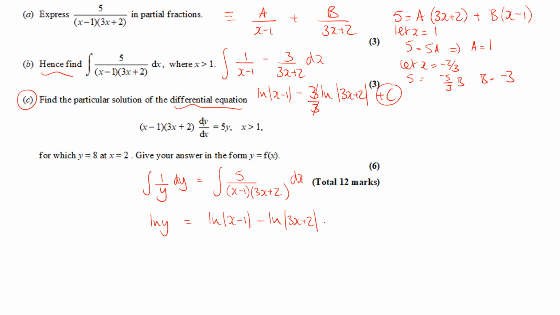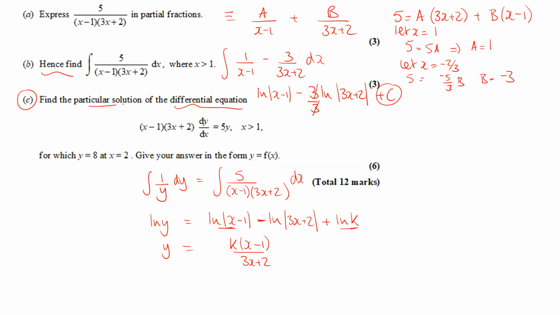I'm going to write that constant as the ln of k, because then I've got everything as logs, and I can say the ln of y, because all these terms are now logs, we can just do it as a single log. The x minus 1 and the k are both plus, so that's going to be the ln of k times x minus 1, and then because this is minus, that's going to go underneath. And then because we've just got them as single logs, we can just ditch the ln's on the front and say that y is equal to all that.